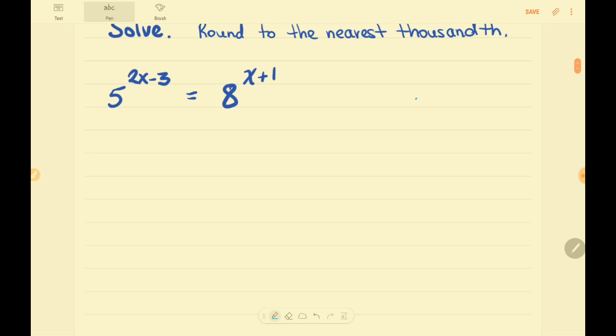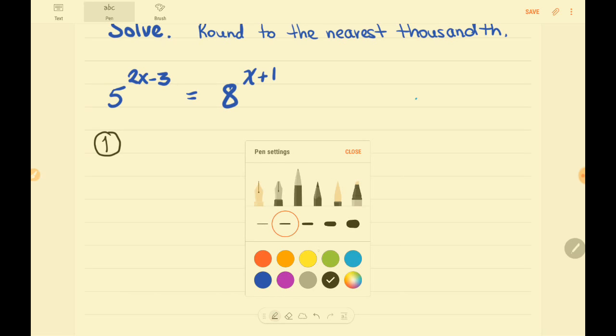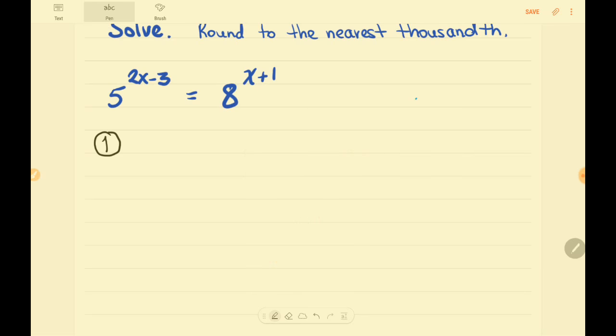So first thing is I'm going to use conversion, and then I will show you the other way, inversion. So with conversion, what we do is we convert one of them.